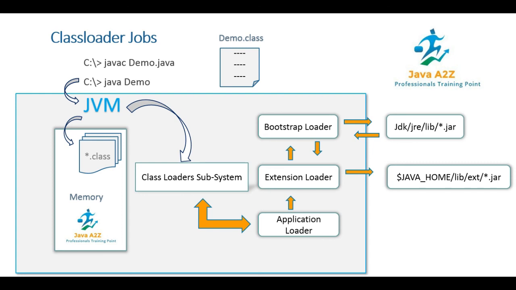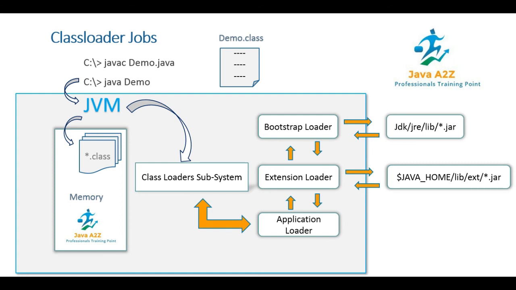This is the place where the extension loader will search. If there is none, it responds that we don't have it, and please delegate this request to the subclass loader. So the subclass loader, the application loader, comes into the picture, and it is responsible to load your class. So demo.class is your class.